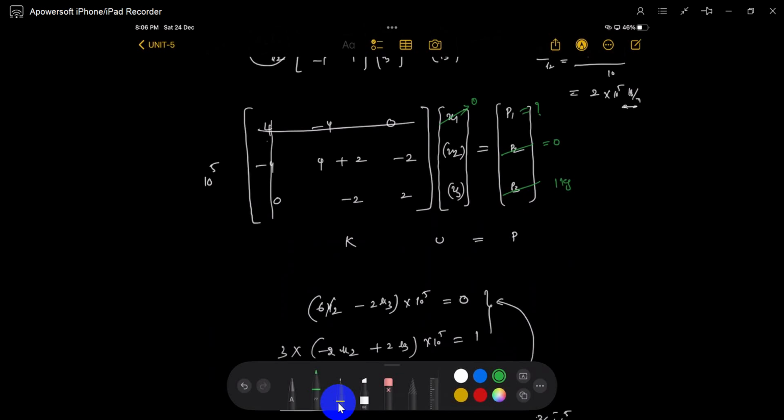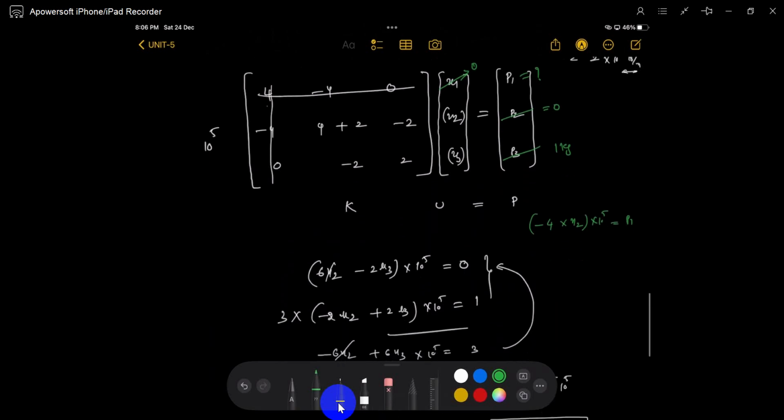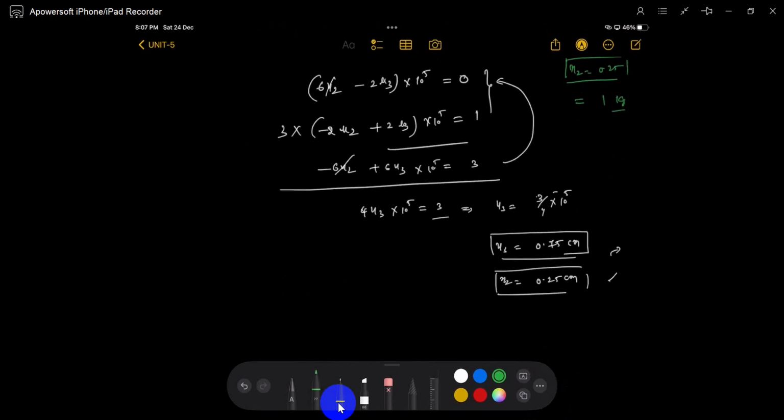So directly you can find minus 4 into u2 into 10 power 5 equal to p1. Understood? So what is u2? u2 is 0.25, so 0.25 into 1, what is that? 1 kg.